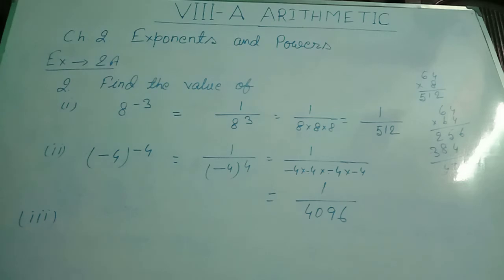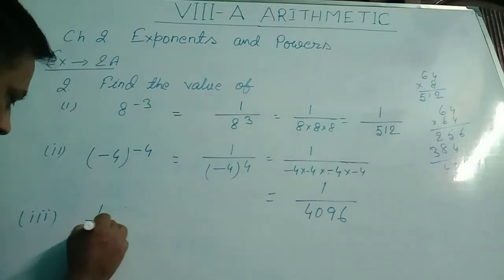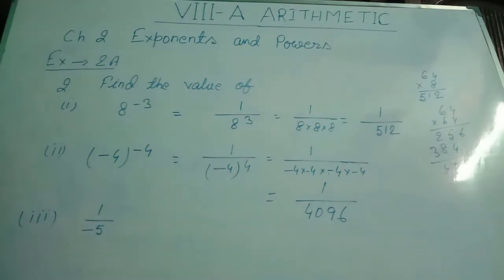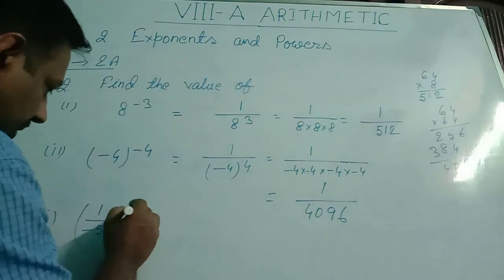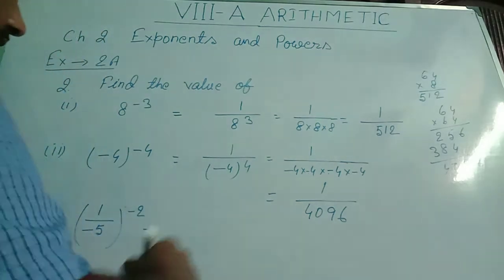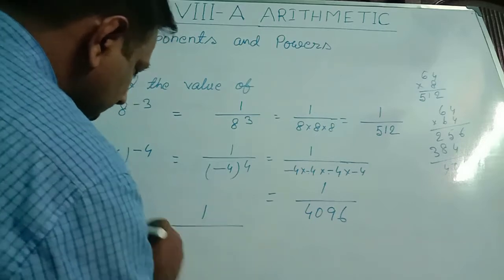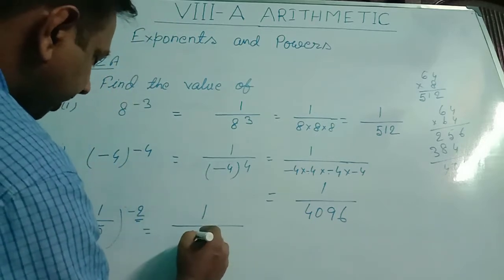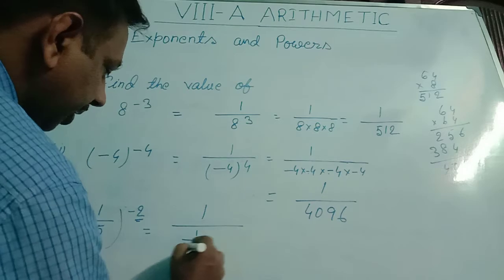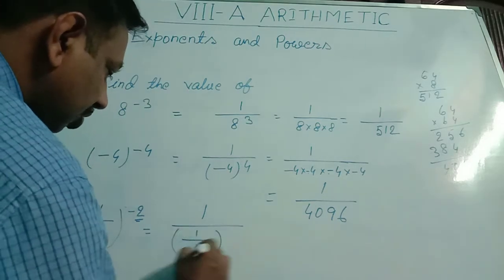One more question let us solve. That is question number 3. This is 1 by minus 5 to the power minus 2. So if we write this with the positive integer, we write the reciprocal of this, 1 by minus 5, this whole square.